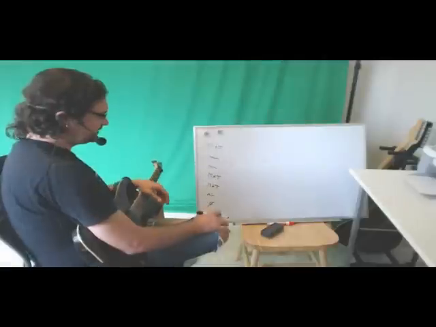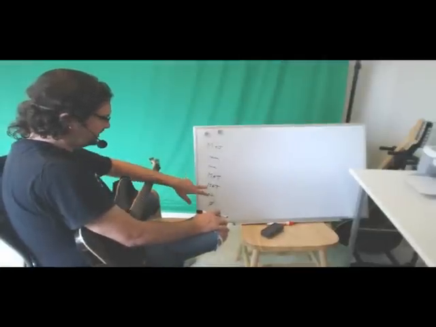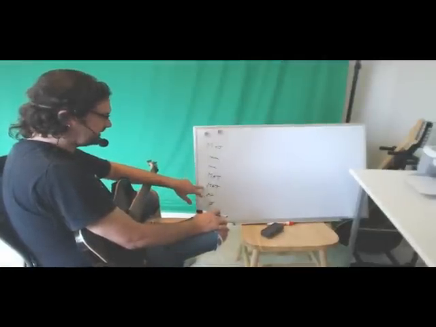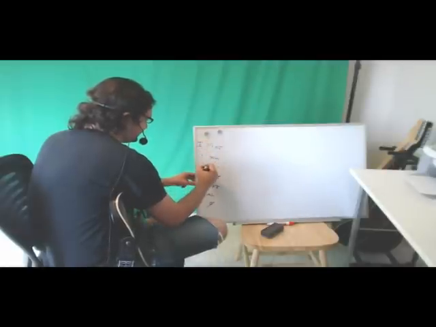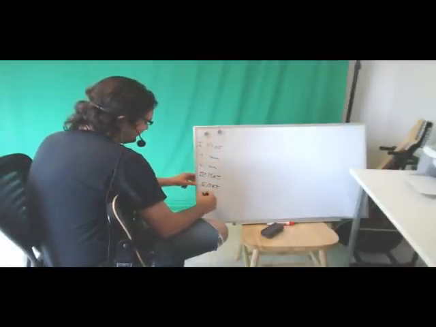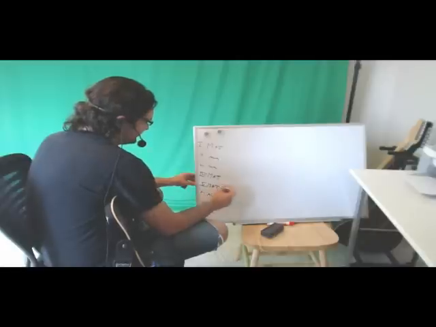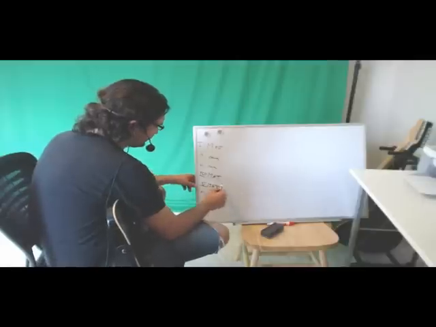Let's say that we wanted to make something Mixolydian, which is the fifth one. So we have 1, 2, 3, 4, 5, 6, 7. We want to do something Mixolydian.